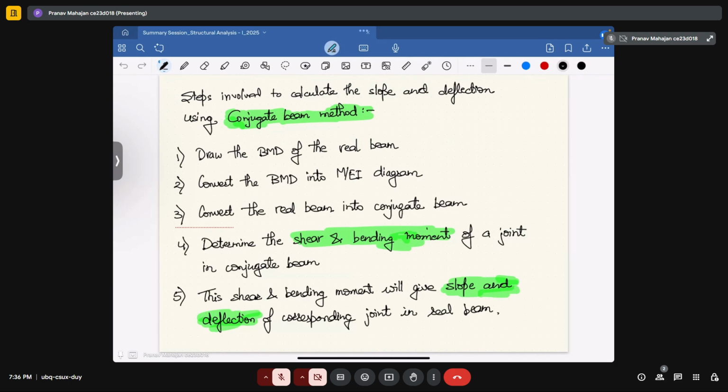After that, the shear you get in the conjugate beam will become the slope of the real beam, whereas the bending moment diagram of the conjugate beam will become the deflection of the real beam. This is the basic principle of the conjugate beam method, wherein the shear of the conjugate beam becomes the slope of the real beam, and the bending moment of the conjugate beam becomes the deflection of the real beam.